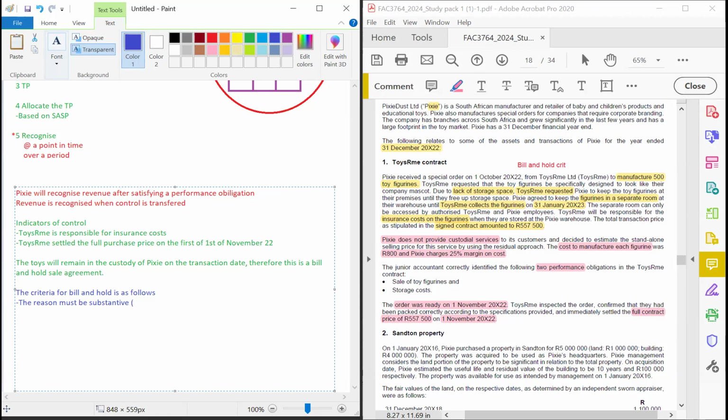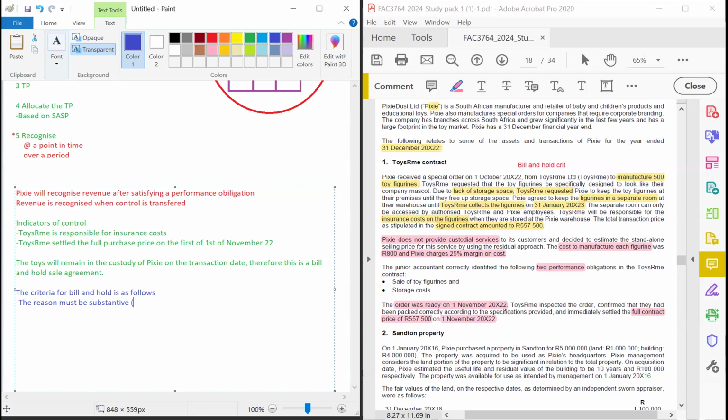So what is important when answering a theoretical question? You state the theory as per the IFRS phrase. Then you apply to the scenario. What I'm doing now is applying to the scenario. If you only write the application, you are not going to maximize your marks. But if you write theory and you apply, you will be able to maximize your marks, right? So this part you could get 1 mark, but when you apply, you get 2 marks. So this increases your chances of having higher marks in your assessment, right?